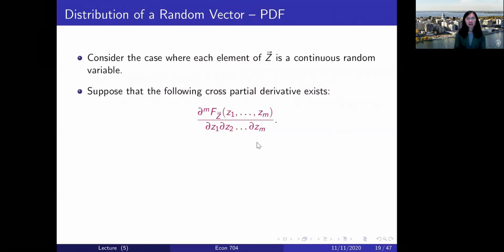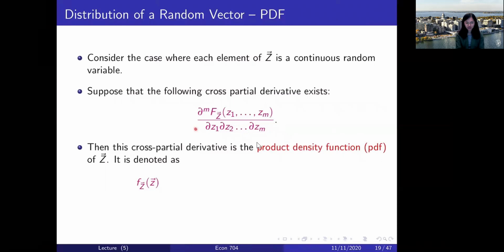In the case where the elements of the random vector are continuous random variables, when we are talking about continuous random vectors, suppose that this cross partial derivative exists for the CDF, then this cross partial derivative defines the probability density function or joint probability density function of the random vector.